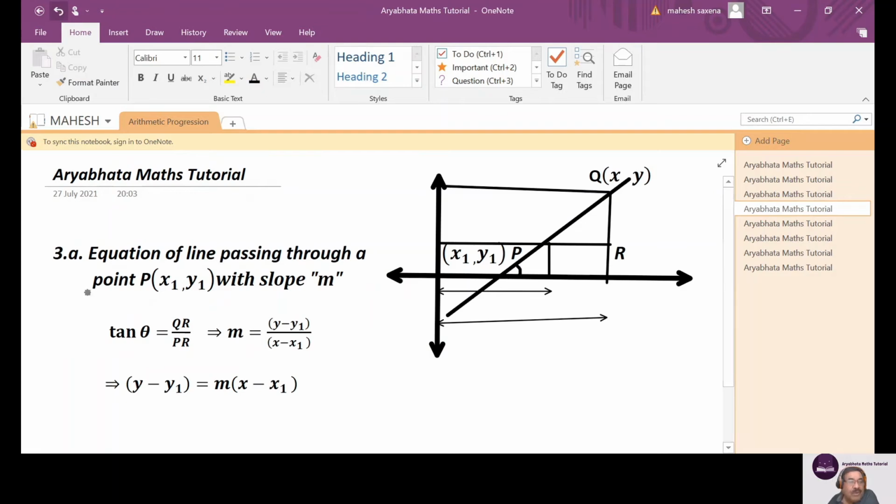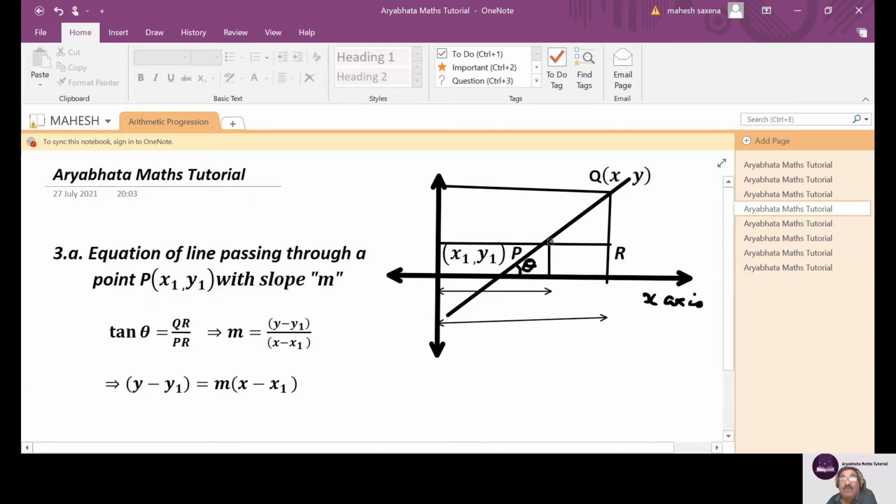Now suppose we have to find the equation of a line passing through a point P whose coordinates are x1, y1 with slope m. Suppose this point is P whose coordinates are x1, y1, and this line passing through this point P makes an angle theta anti-clockwise with the x-axis. Now take a general point Q whose coordinates are x, y on this line.